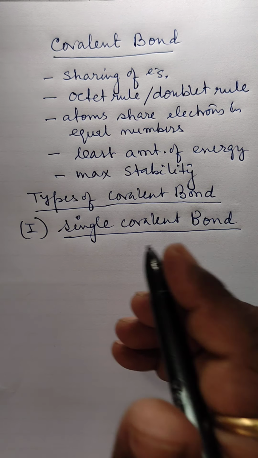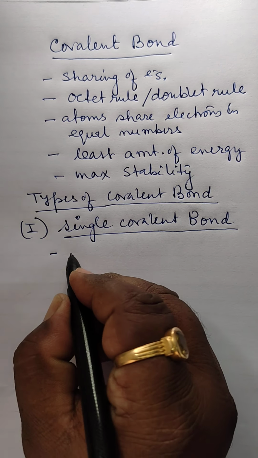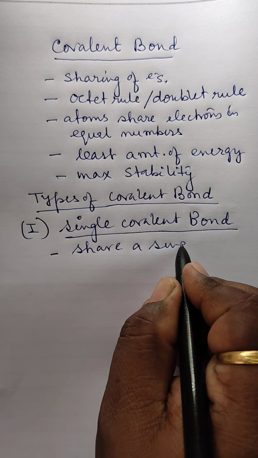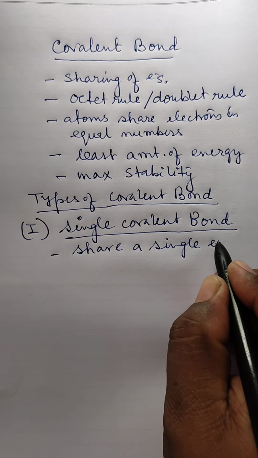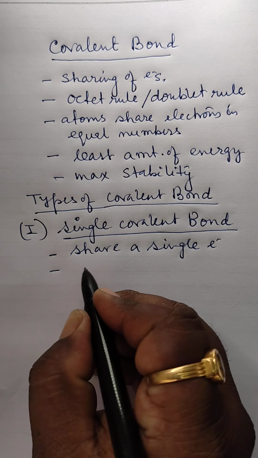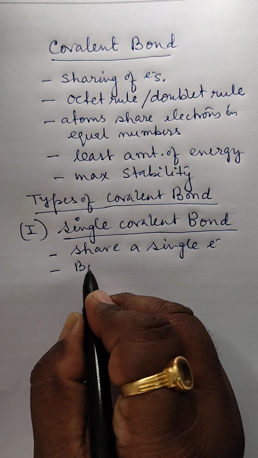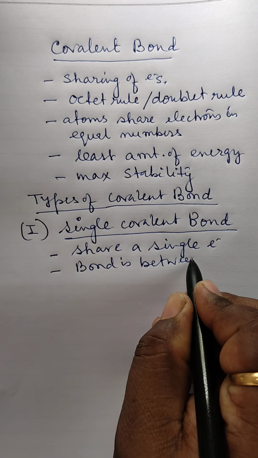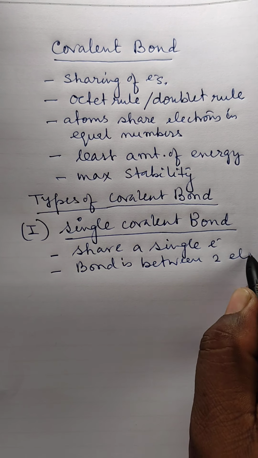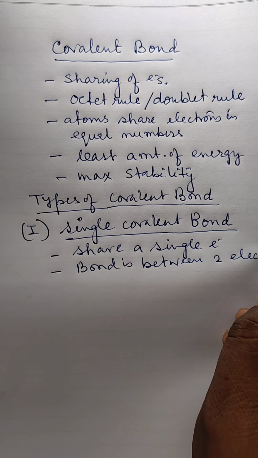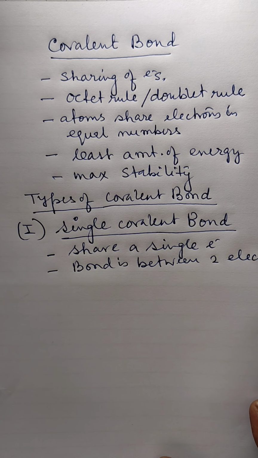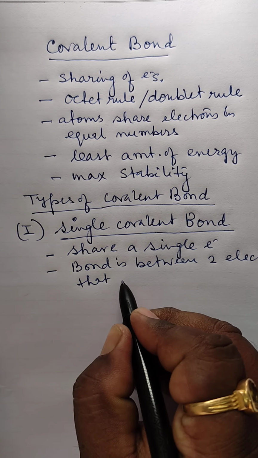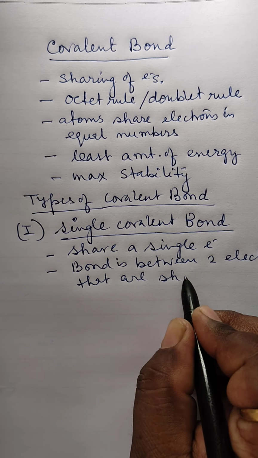In a single covalent bond, the first point we should know is that they share a single electron each. Next, the bond is between 2 electrons that are shared.